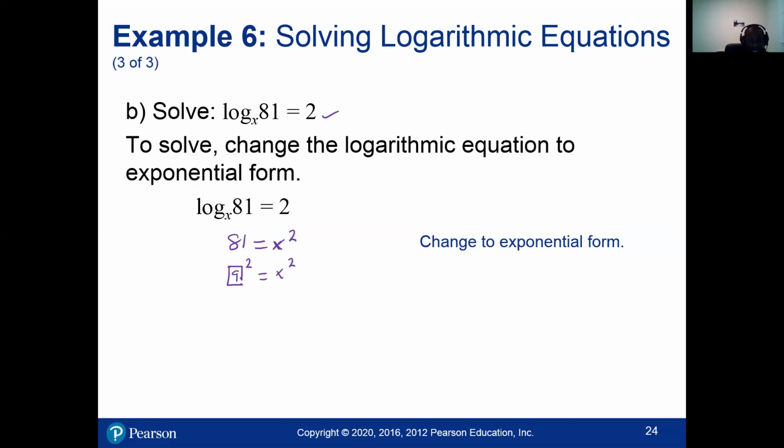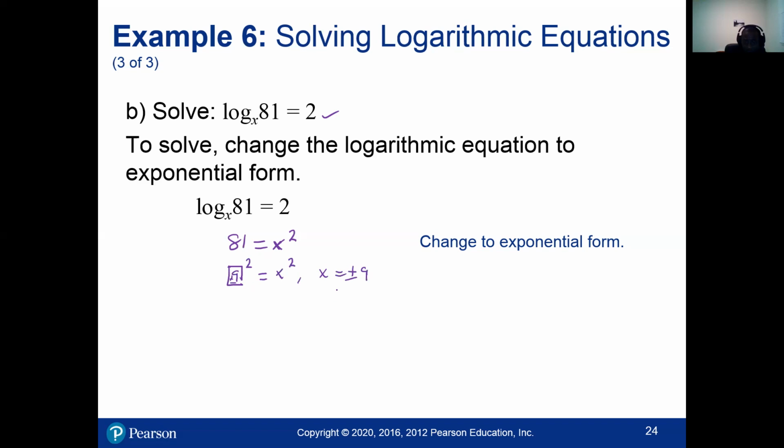That number is 9, or that number is plus or minus 9. So either plus or minus 9, which means that x is equal to plus or minus 9.